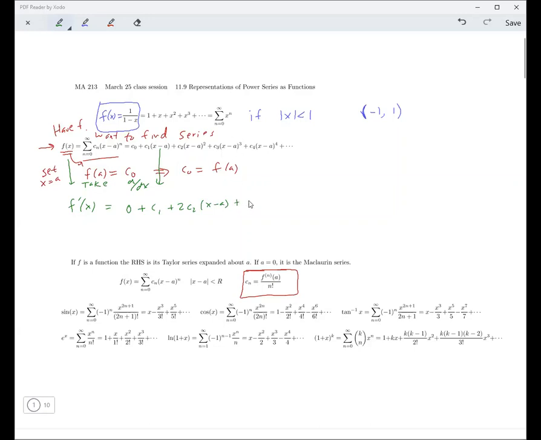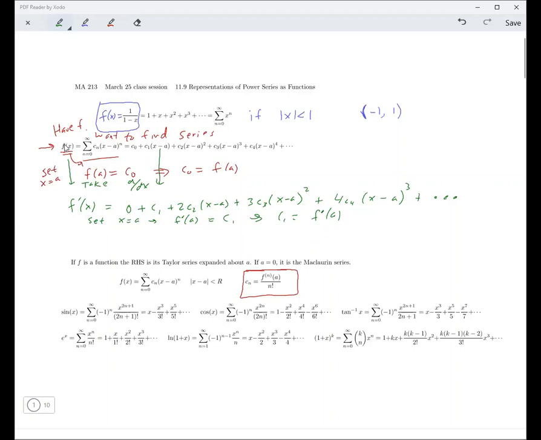For this one, a 3 comes down, and this is reduced by 1. For this one, a 4 comes down, and this is reduced to a 3. And then you continue that pattern. At this point, you set x equal to a again, and this is going to give you f prime of a equals C1. So C1 will be f prime of a.